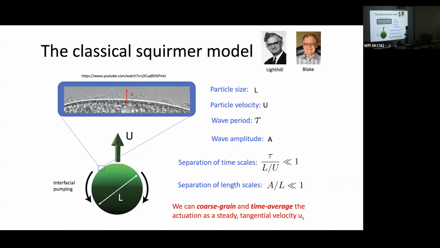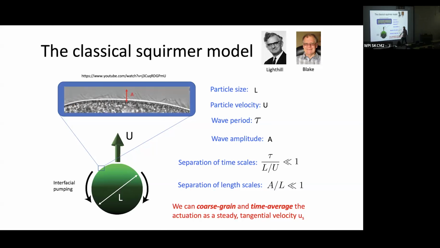So we have the ciliated microorganism. Let's treat it as a sphere. It's coated with these small cilia. They're waving periodically. And we look at this and we say, well, the amplitude of these, the length scale of the cilia motion is much smaller than the length scale of my swimmer.